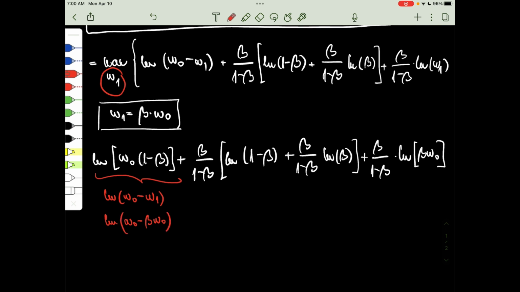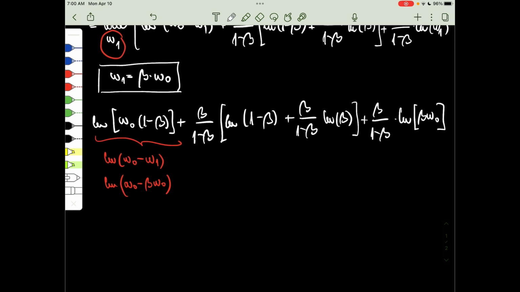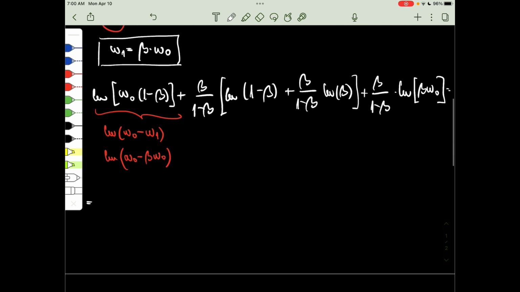Okay, so this is the left hand side and hopefully it's correct. So let's go on. All we need to do is to expand the right hand side of the equation.